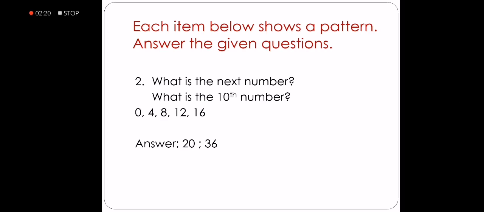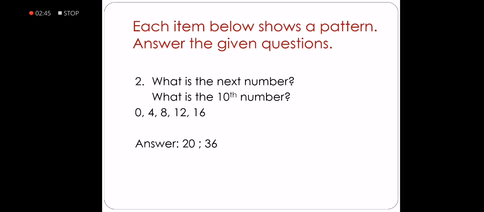term. Okay, so the next is, what is the next number? And what is the 10th number? Given yung sequence natin na 0, 4, 8, 12, and 16. Ang una natin gagawin, kailangan i-identify muna natin kung ano ba yung pattern natin or paano na-derive yung iba't ibang pattern. Let's say for example, 0, 4, 8, 12, 16.